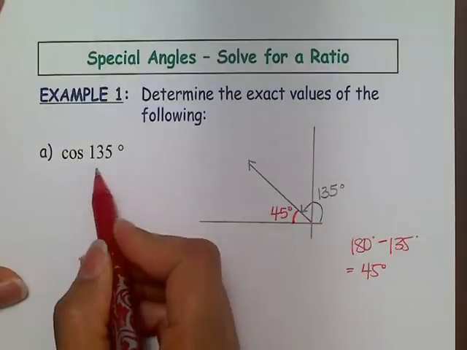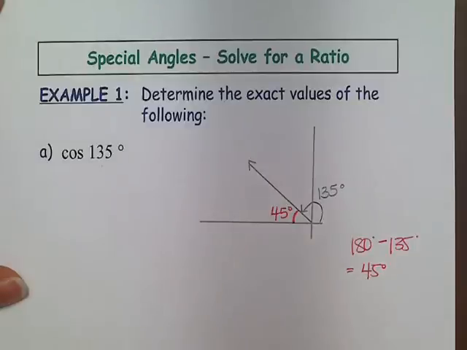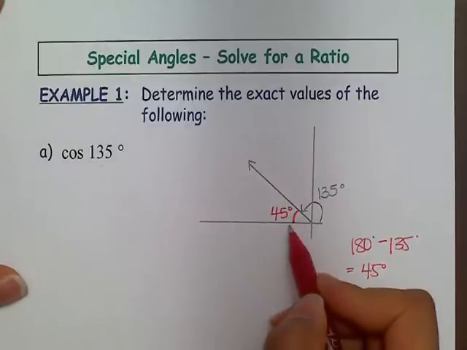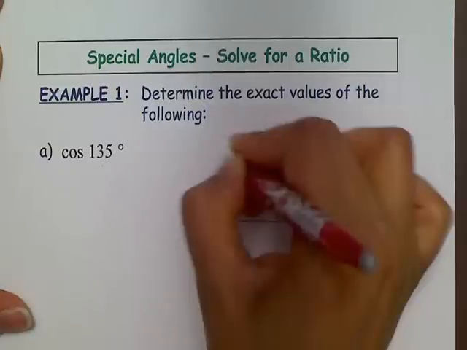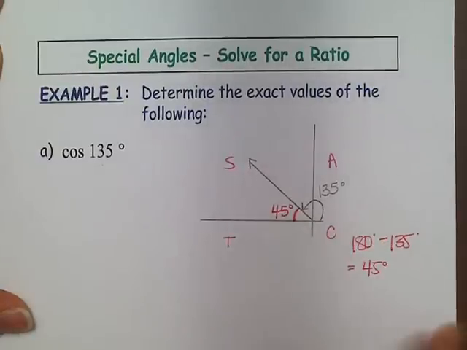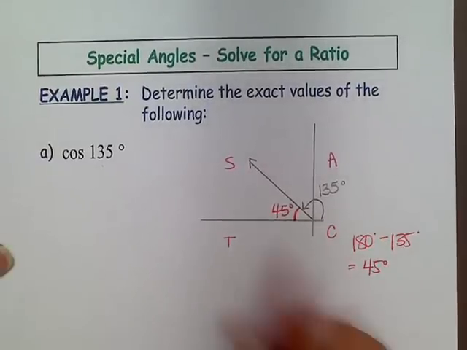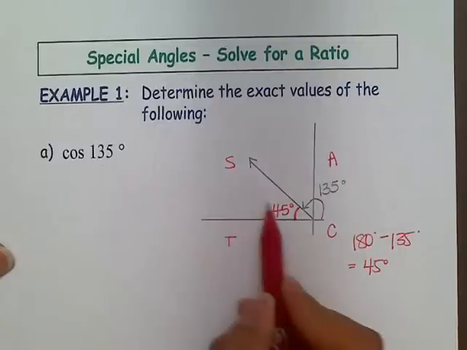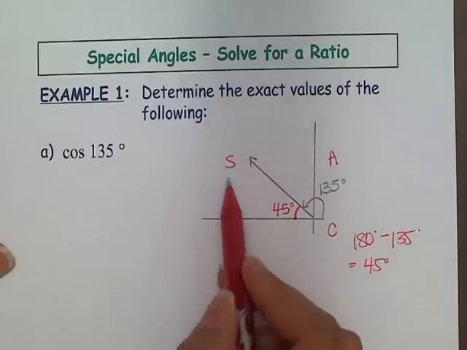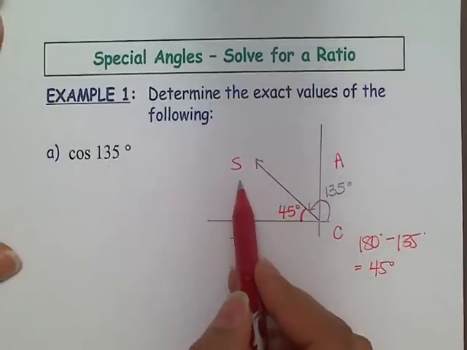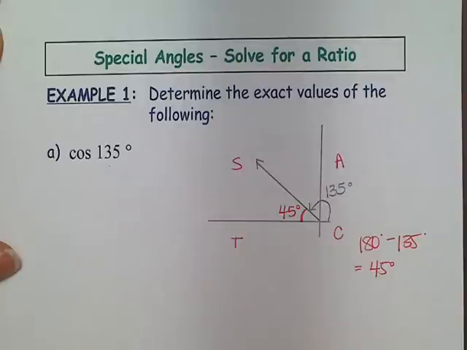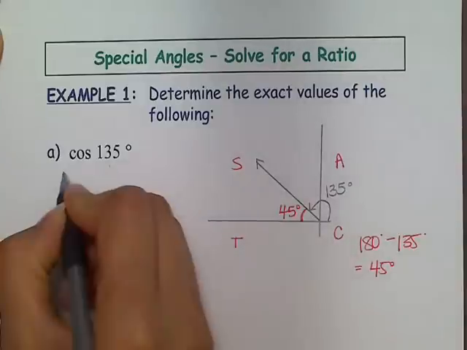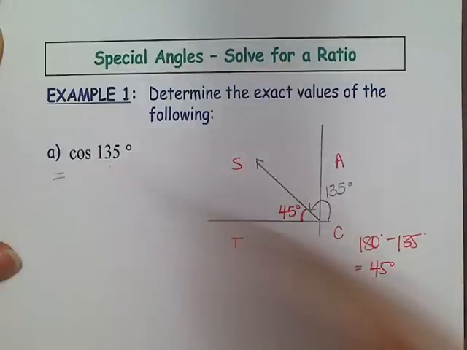Now what I can do is rewrite the cosine of 135 using the CAST rule and this related acute angle. The reason I'm referring to the CAST rule is so that I know whether the ratio will be positive or negative. Because this angle falls in the second quadrant, sine is the only ratio that should be positive here, which means this ratio, once I actually find it, will end up being a negative answer.